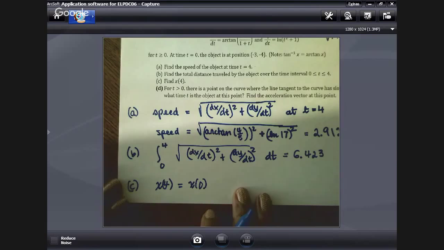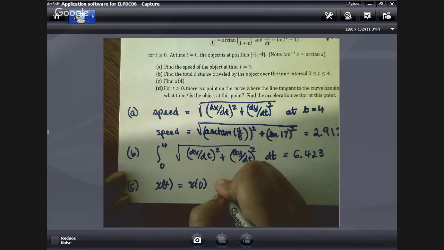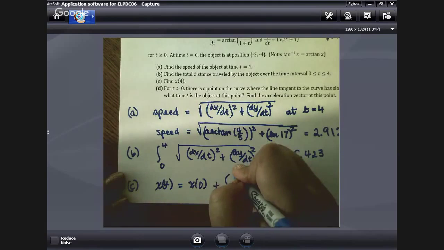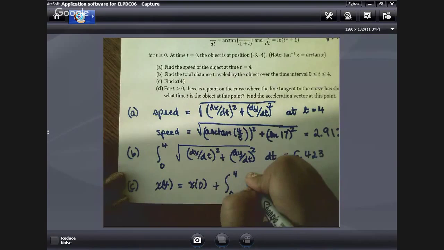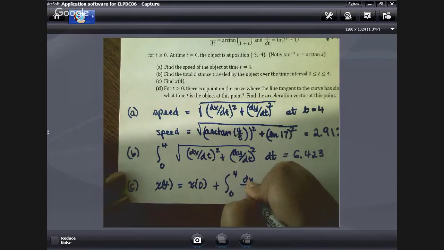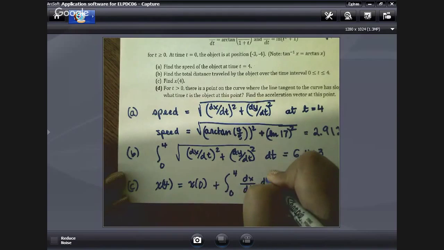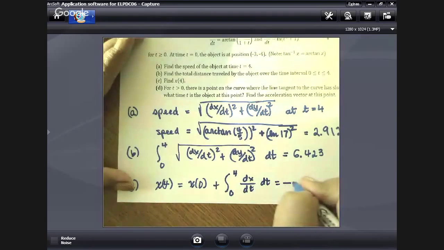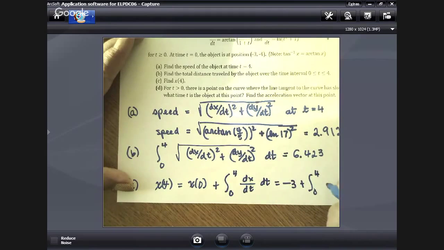So I actually know x of 0 plus how much x changed from time 0 to time 4. x of 0 is -3, and dx/dt is the arctangent function they gave us up top.